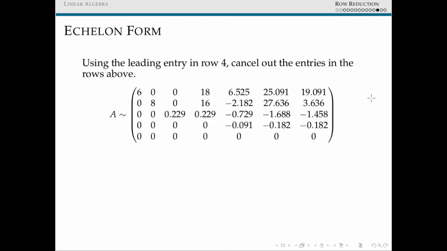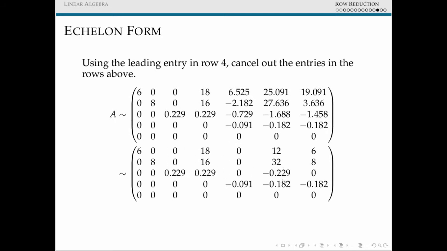So to keep getting this into a form that we can then convert into reduced echelon form, we're going to do what we did on the other 2 slides, and cancel out this entry using this -0.091. We're going to add appropriate copies of row 4 to rows 1, 2, and 3 to get these entries equal to 0.